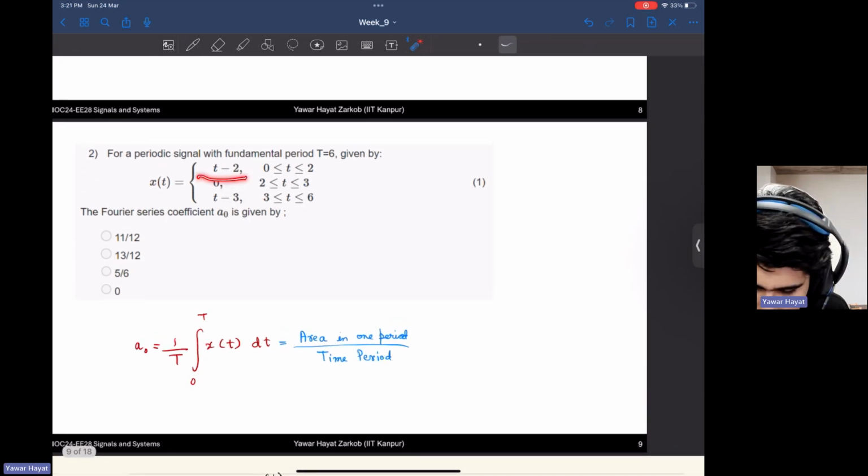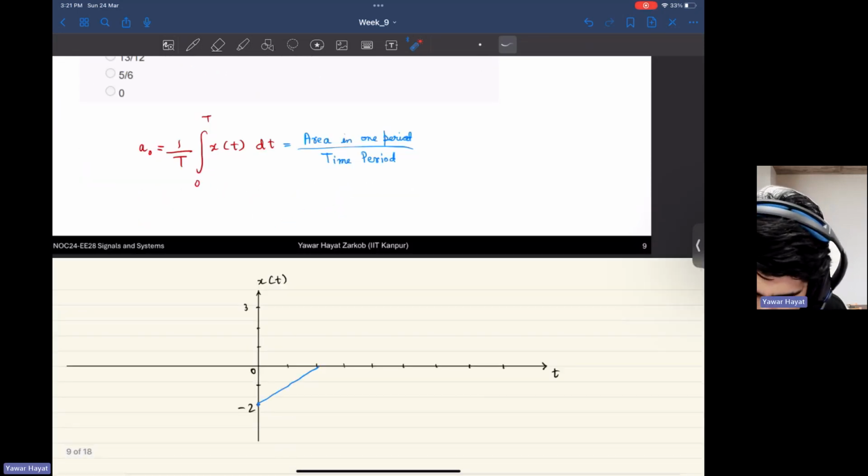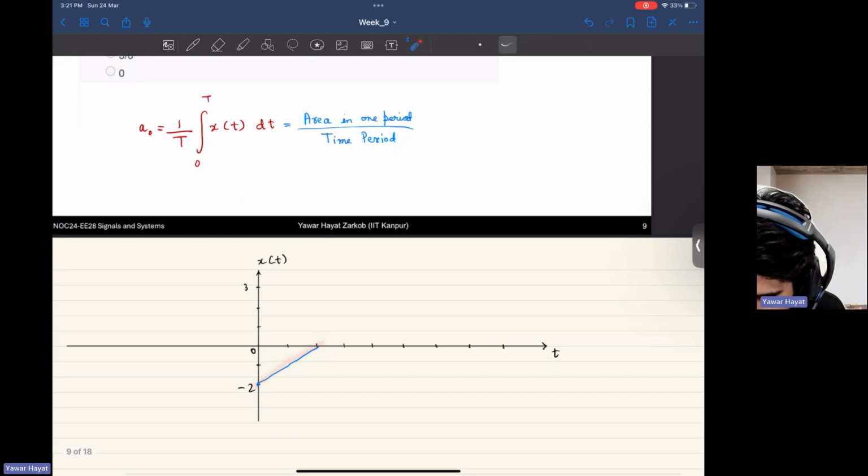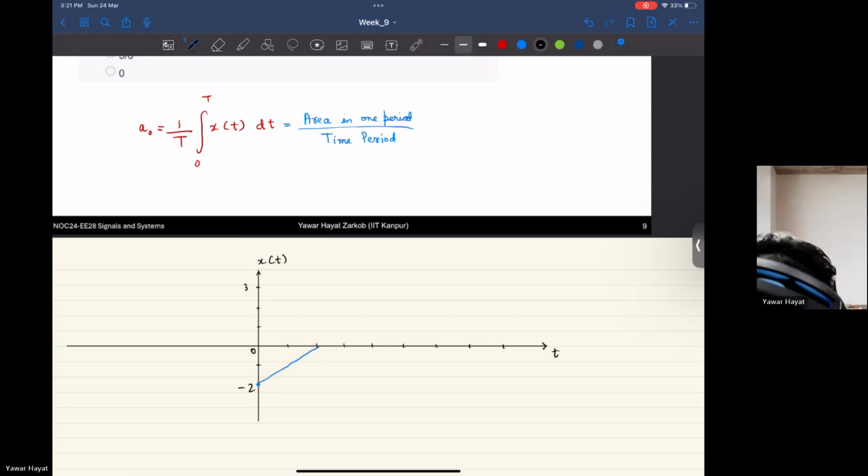Since this is a linear function, I'll join the points by a linear line.